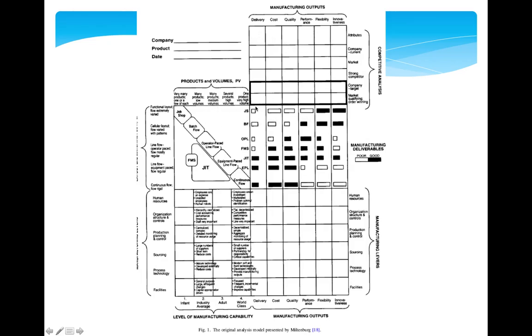When it comes to cost, you don't get the best performance from a job shop. So if a company is saying, we want to compete on costs, but its process strategy is to use a job shop, you have to say, well, this is not the best way to compete on costs. You might need to consider some automation.